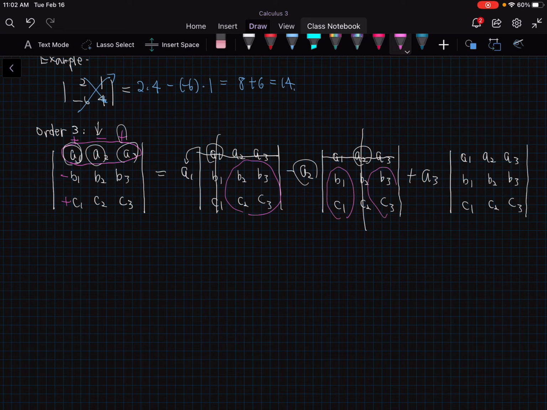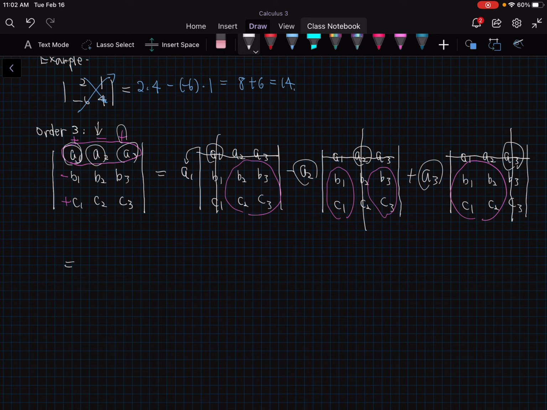These 4 entries form an order 2 determinant. Then in A3, right here, you're going to cross out the row and the column of A3. Then you have these left over. All right, so now you are left with three order 2 determinants.